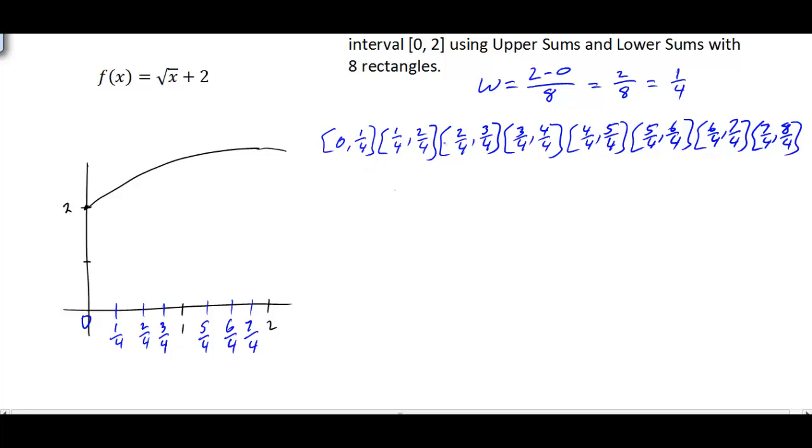And let me see, 1, 2, 3, 4, 5, 6, 7, 8. So we have all 8 of our rectangles.